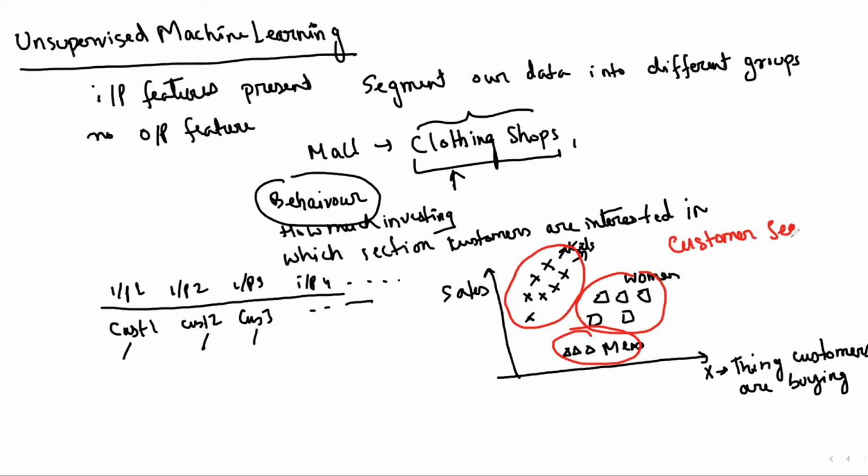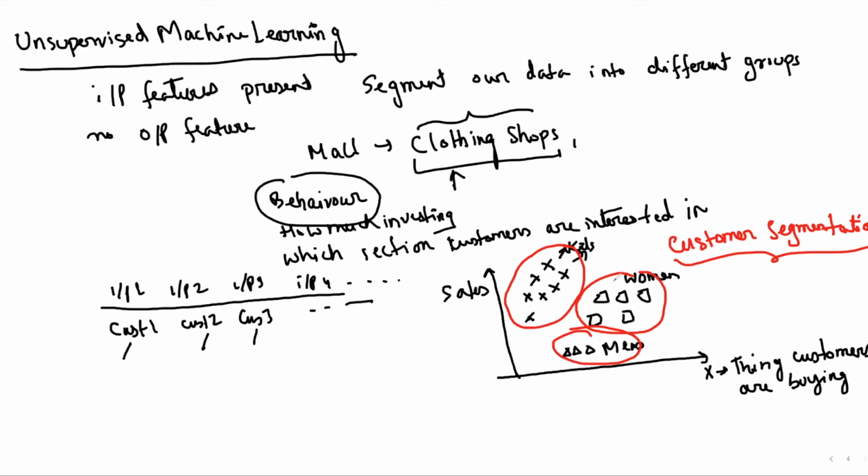Customer segmentation based on their needs, based on their buyings, we are segmenting them into different groups. Okay, so this is customer segmentation. It's a very important concept. How we do customer segmentation, what actually is customer segmentation.